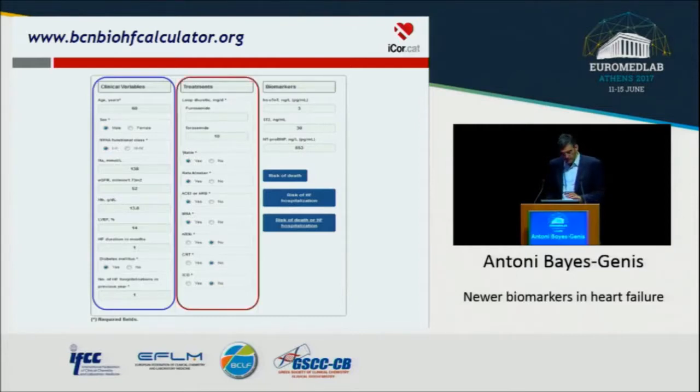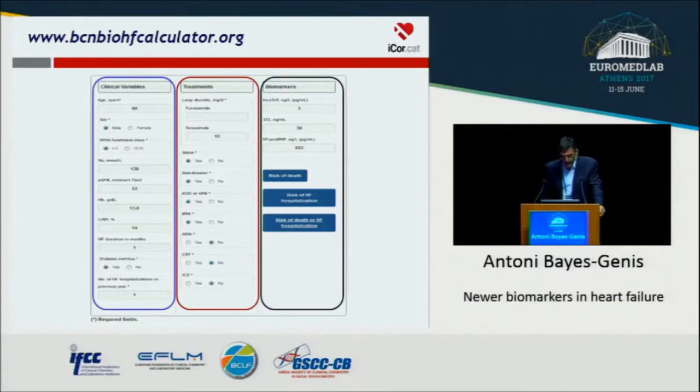In the middle, you have the treatments, just to stress that we have added very recently ARNI, which is sacubitril valsartan. This is the only calculator that can provide you the risk with or without sacubitril valsartan, also resynchronization and ICD. And on your right, you have the three biomarkers, HS troponin T, ST2, and NT-proBNP.